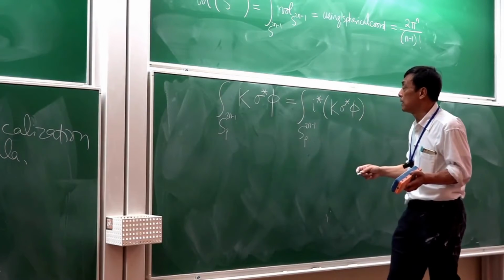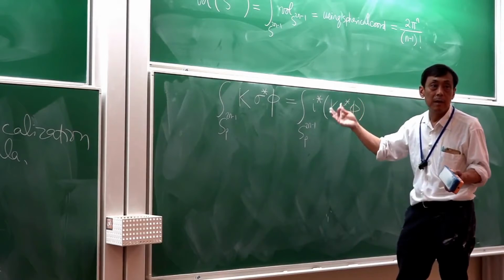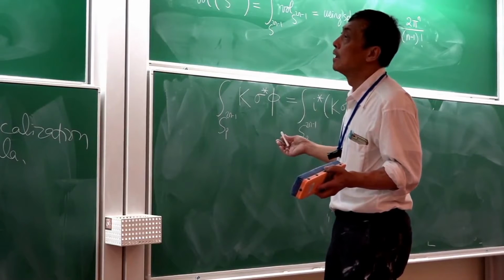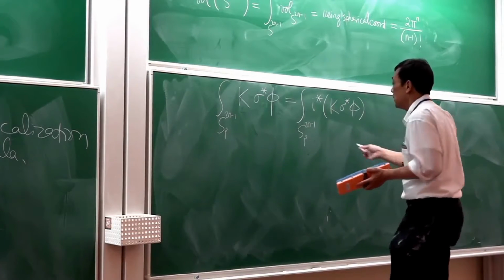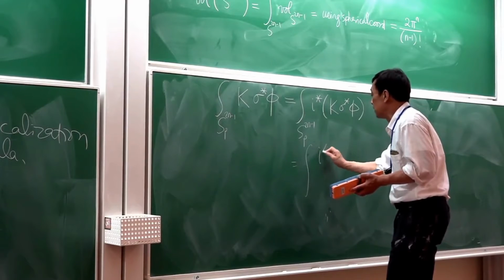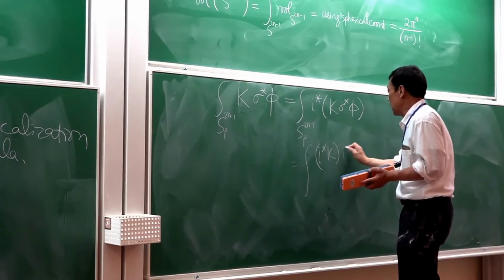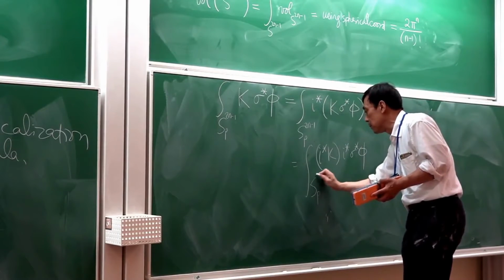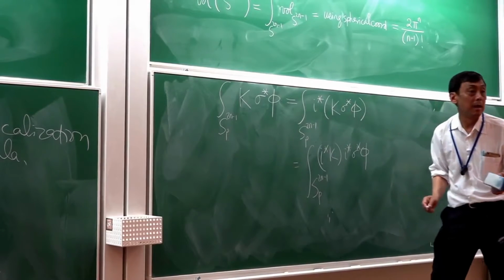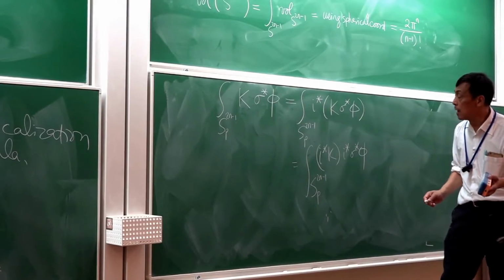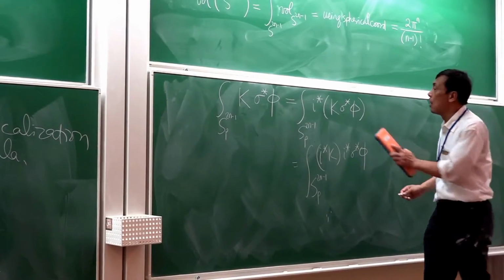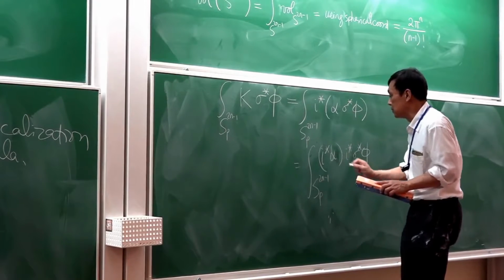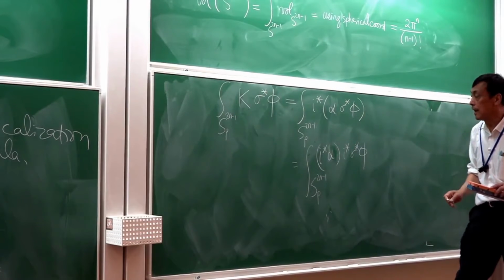Now, i star K and also sigma star, that's right. So this is i star K, i star sigma star phi, because i star is a ring homomorphism. But it's better to write i star alpha K. K is multiplication by alpha, right?